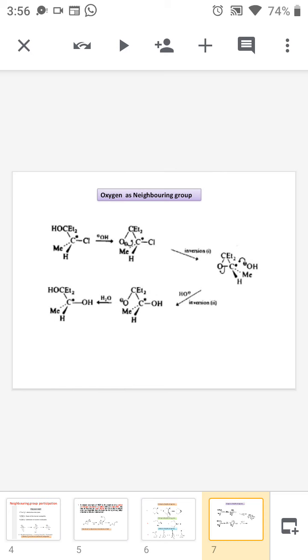Here, hydrogen is donated in the presence of acid and the OH group is coordinated, and here the oxygen acts as a neighboring group and forms a 3-membered ring. The OH minus, the external nucleophile, attacks in the opposite direction of the leaving group, so we get retention of the configuration.